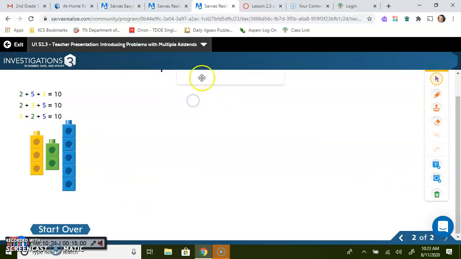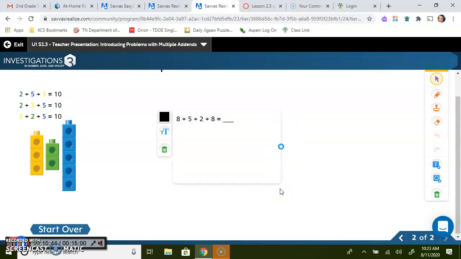These are called our number strings. So I want you to think about how you would solve this problem if you saw this. 8 plus 5 plus 2 plus 8 equals blank. How would you solve that problem?